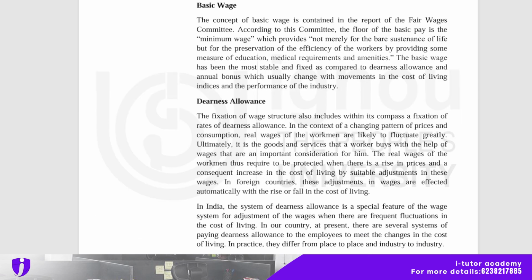And dearness allowance. The fixation of wage structure also includes within its compass a fixation of rates of dearness allowance. In the context of a changing pattern of prices and consumption, real wages of the workmen are likely to fluctuate greatly.